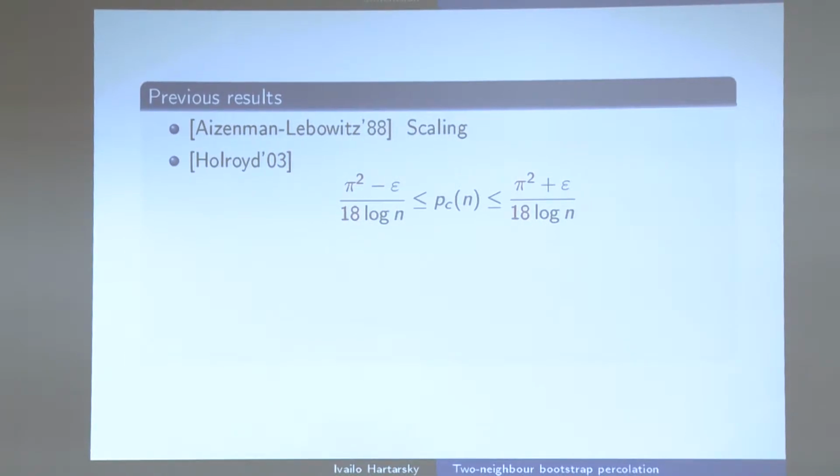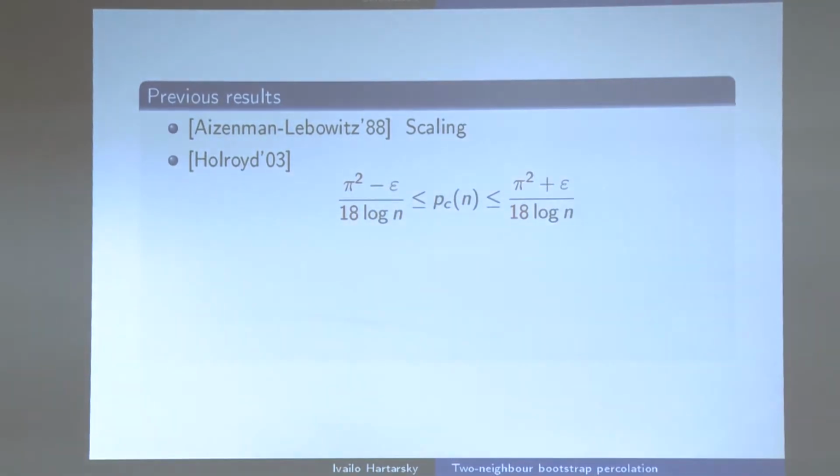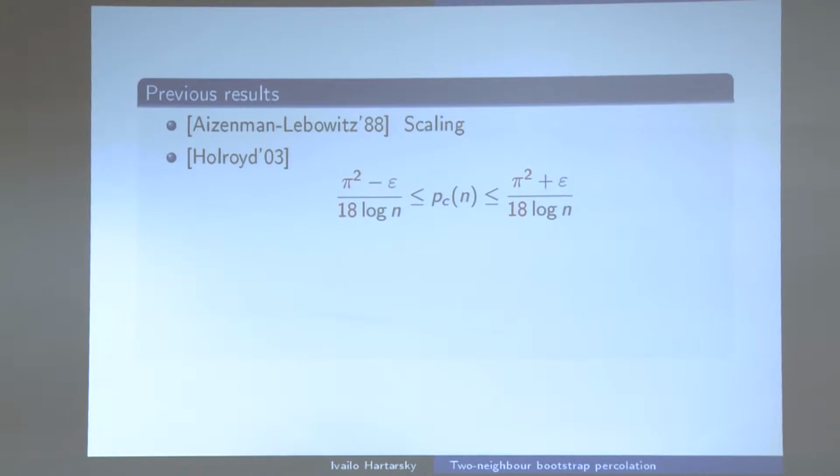Now, I need to tell you about what's called the bootstrap percolation paradox. So from the very beginning, from the 70s and 80s especially, and until not so long ago, physicists tended to do simulations to estimate this constant or other things. And actually, every theorem on this list, essentially, was a disproof of what simulations predicted.